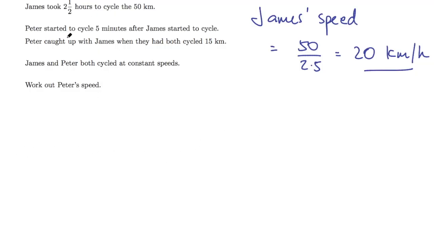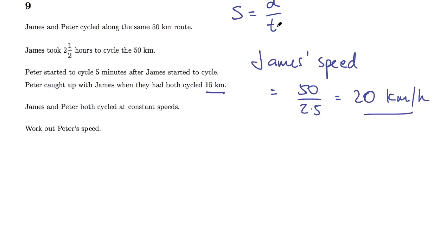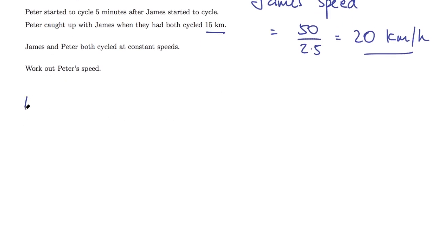Next, we're told that Peter started to cycle 5 minutes after James started to cycle, and Peter caught up with James when they both cycled 15 kilometers. So after 15 kilometers, we want to know how long it took James. Rearranging the equation, time equals distance over speed.